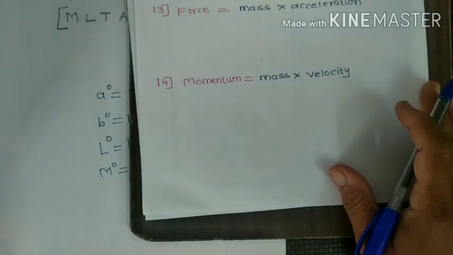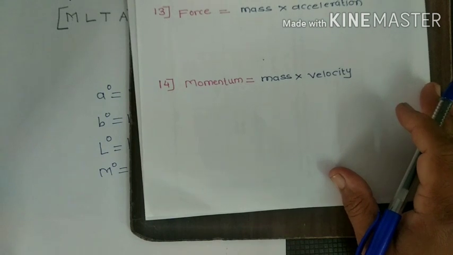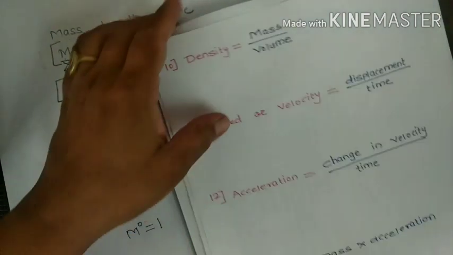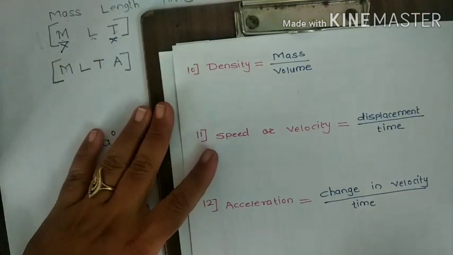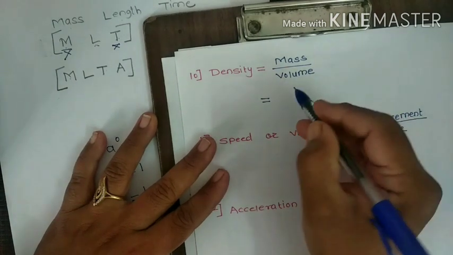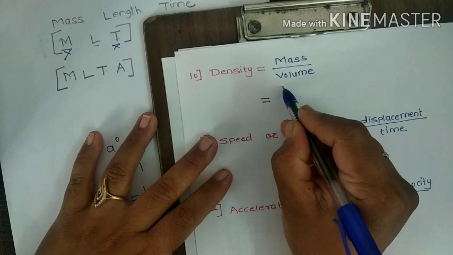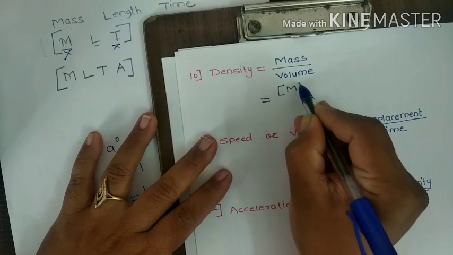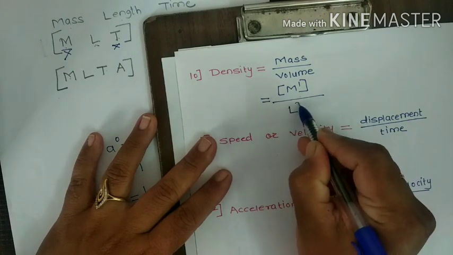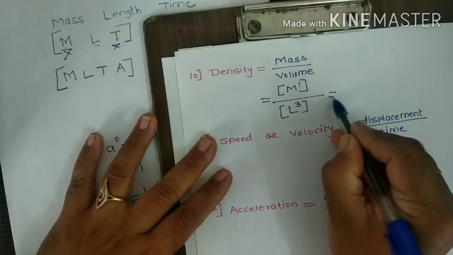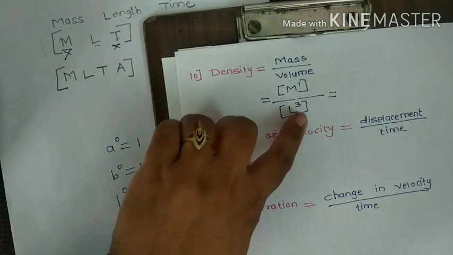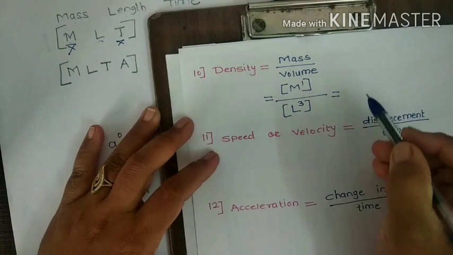Then next we have to find out the dimensions for density. For density, what is the formula? That is mass upon volume. Again the dimensions of mass, that is M1. Only we have to write M1 here. And for volume, that is L cube. है ना? Then this is M raised to the power 1 upon L raised to the power 3.